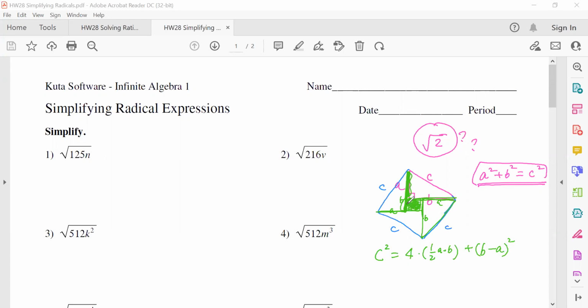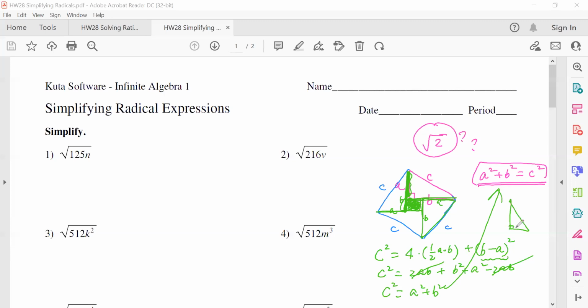This is a tiny square. The side will be B minus A, squared. So we can find out that here is 2AB. What about this inside? B squared plus A squared minus 2AB. 2AB is gone. So what's left behind is C squared equals A squared plus B squared. This is one of the methods to prove the right triangle relationship.